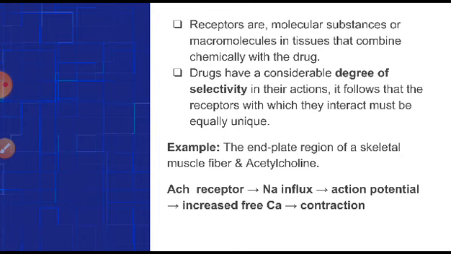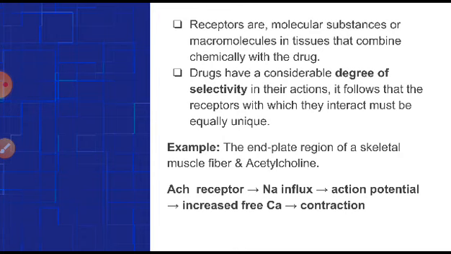For example, one example I have taken here is the end plate region of a skeletal muscle fiber and acetylcholine. You see the receptors which are available on the skeletal muscle end plate, and there the acetylcholine binds with those receptors. So what happened? You see here, when the acetylcholine receptor binds with acetylcholine, sodium influx happens.